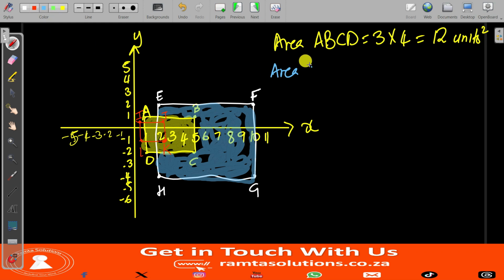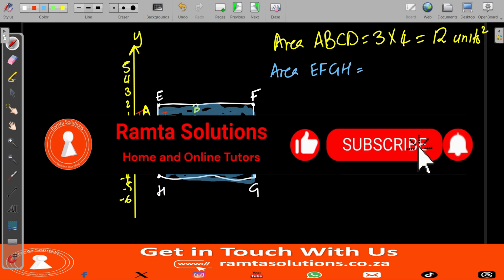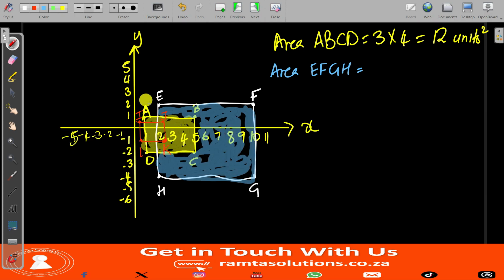Now let's look at the area of E, F, G, H. With this one, from E to H, what is the distance? 2 minus 4, it's 6, isn't it? But let's confirm. 1, 2, 3, 4, 5, 6.